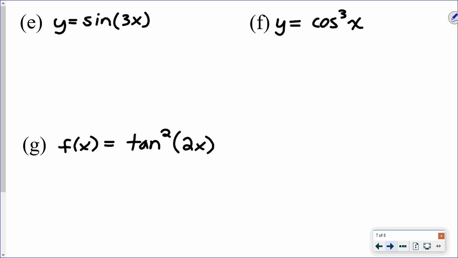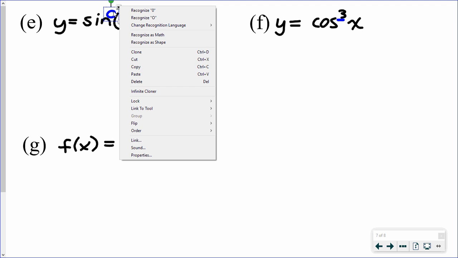So with our ETA, since this is one where we can actually skip the exponent because we don't have an exponent here, like we do in some of the other problems, see the exponent cosine is cubed there, or like here tangent is squared. So here we can actually skip the exponent part, and we can go right to the trig part.